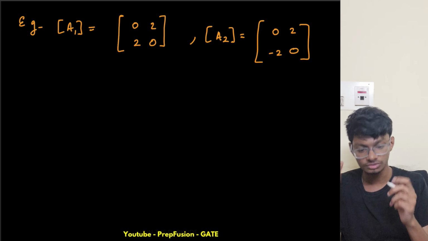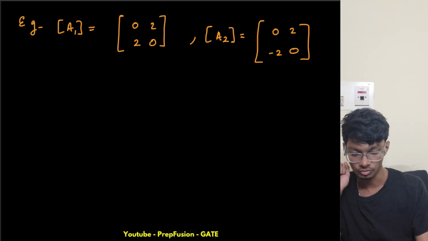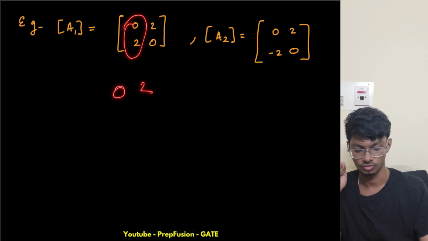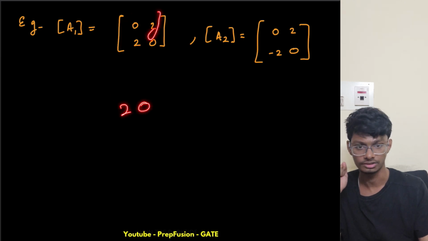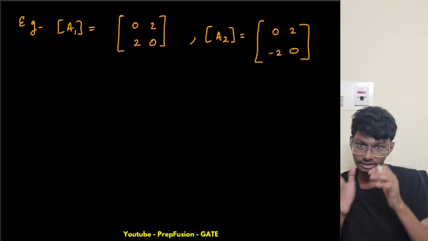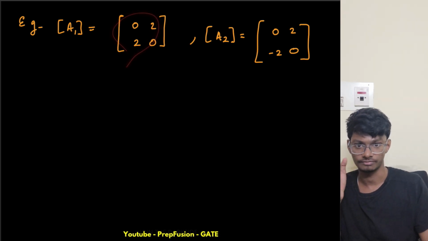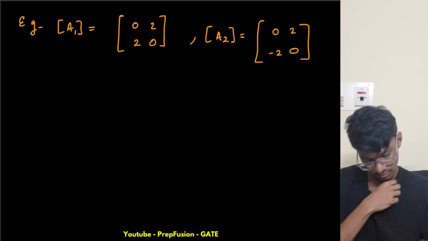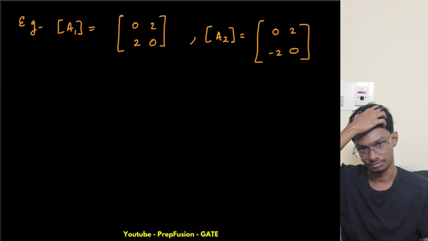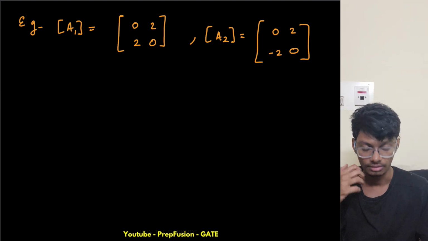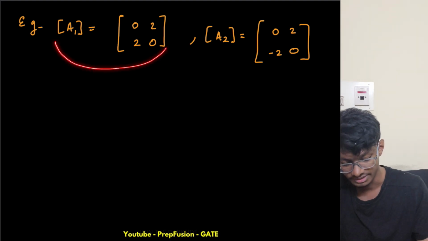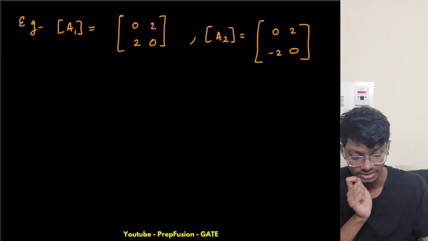What do you mean by transpose? The columns become rows and the rows become columns. So 0 2 becomes a row and 2 0 becomes another row. We observe it is the same as the previous matrix only. So this matrix is symmetric.